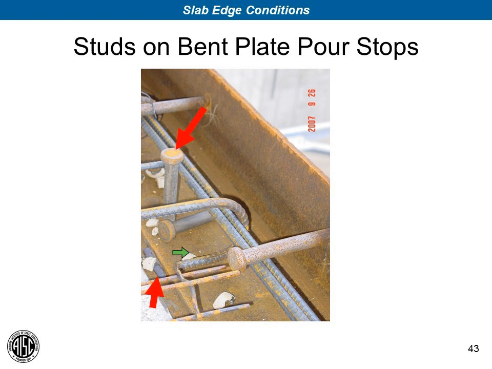And when I got to the site and saw this, I quickly did some calculations and determined that the erector needed to add supplemental welds between the bent plate and the top flange of the beam here and on the underside as well to mobilize the capacity of the shear studs that we needed.